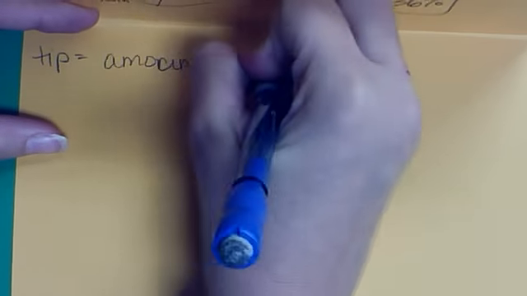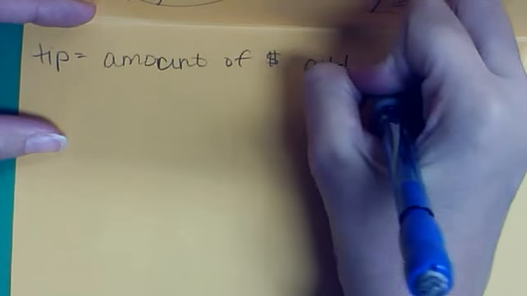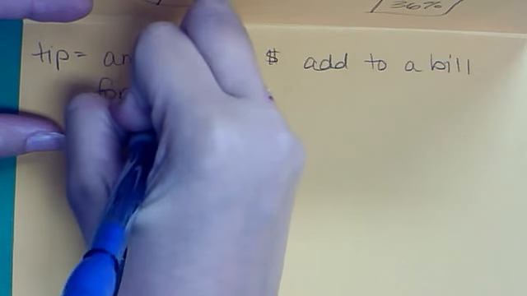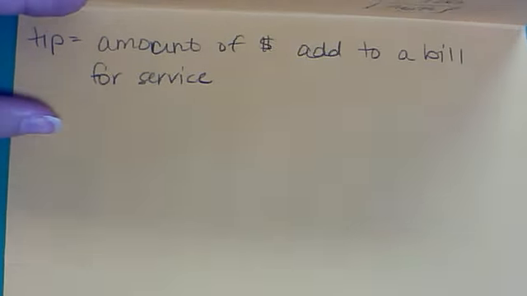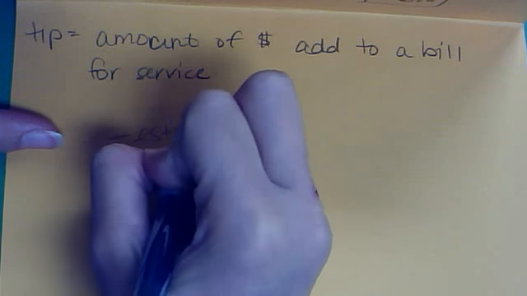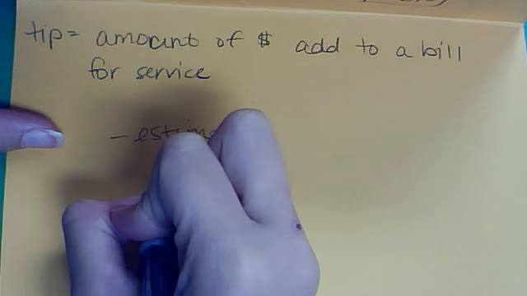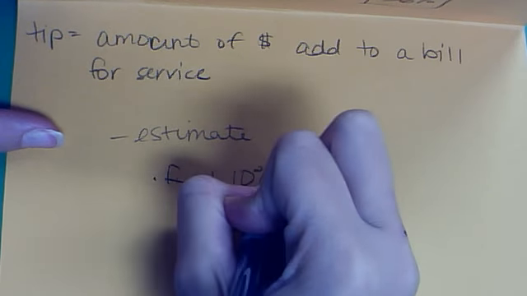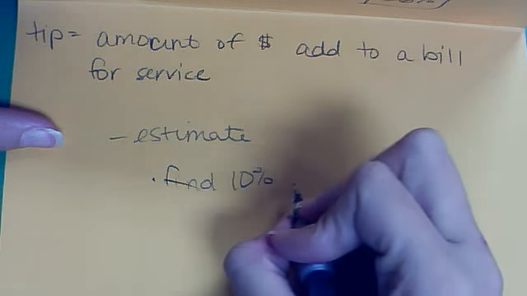The last tab that we need to talk about today is tip and sales tax. Tip is the amount of money added to a bill for service. You tip somebody if they've done a service for you. To estimate that, to find 10%, you move the decimal 1 place to the left.